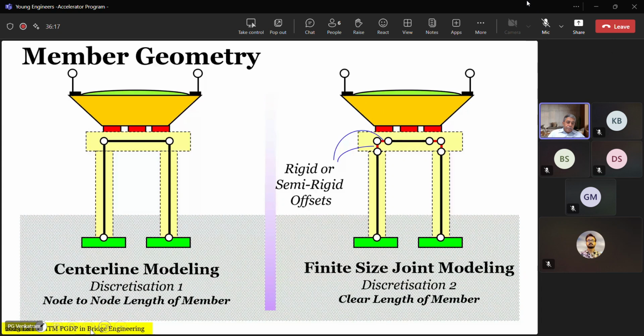Why? Therefore, the length of the member. Yeah, go ahead, one by one. So one is the exact length of the member is modeled.